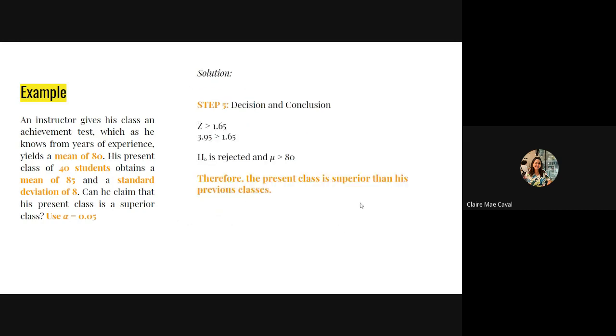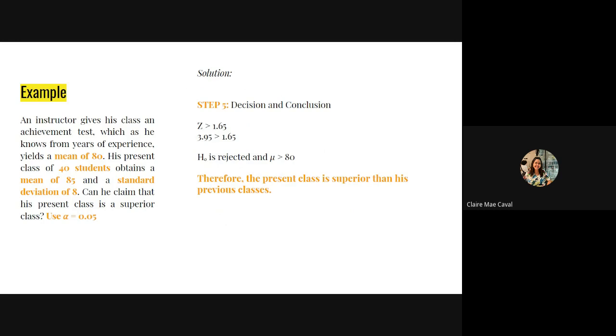Okay? So, last step, your step 5 is already the decision and conclusion. So, dito na pumapasok si decision rule, whether or not to accept or reject the null hypothesis. So, Z here is greater than 1.65, in which Z is 3.95, and it's really greater than 1.65. Therefore, based on our presentation, your null hypothesis is rejected and your population mean is greater than 80.